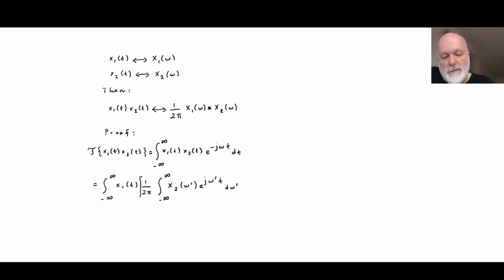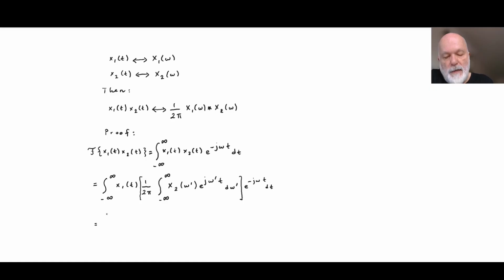So we have this times e to minus j omega t integrated with respect to t. Then interchange the two integration operations.